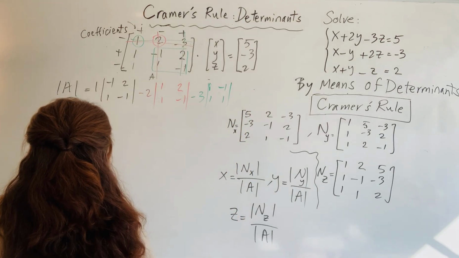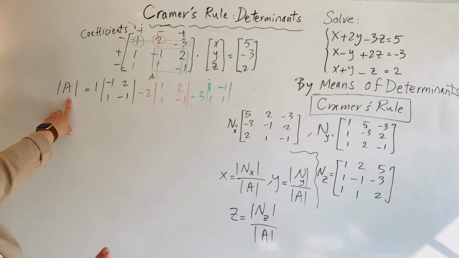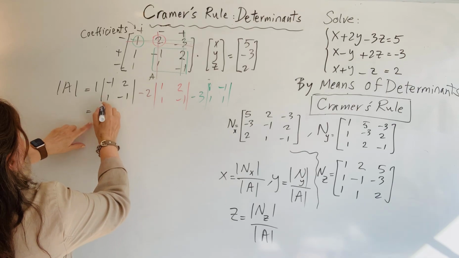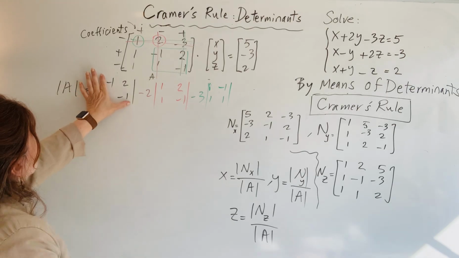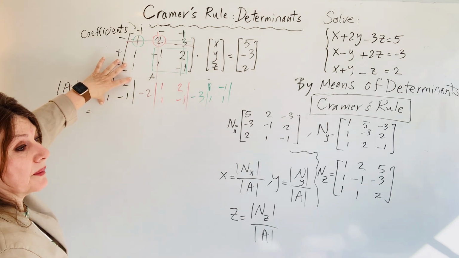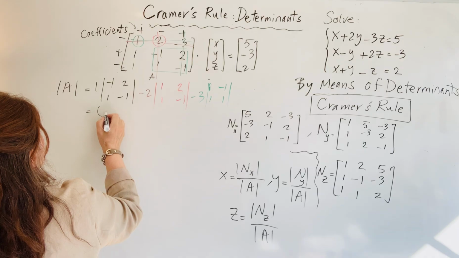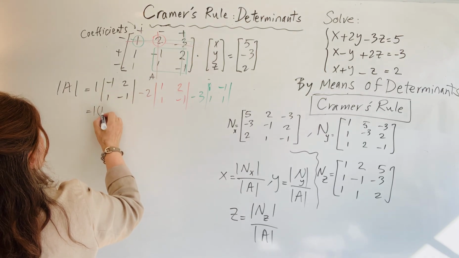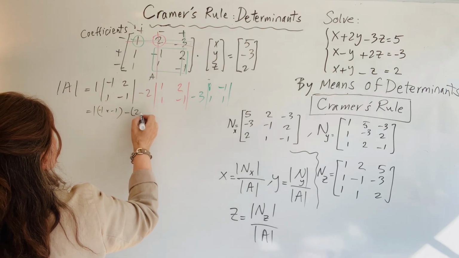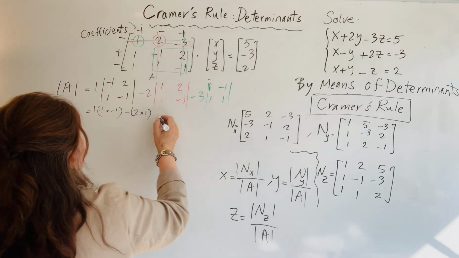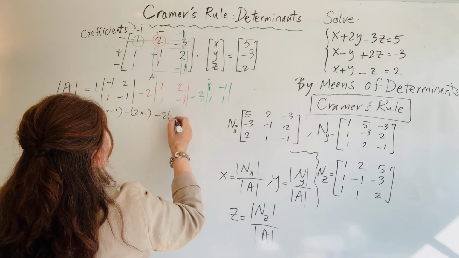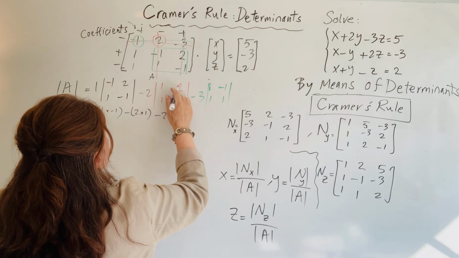How much is it algebraically? You know, a determinant is just a single number. For a 2 by 2, it is the product of the major diagonal minus the product of the minor diagonal. So the first is 1 times negative 1 times negative 1, minus 2 times 1. The second is negative 2 times 1 times negative 1, minus 2 times 1.